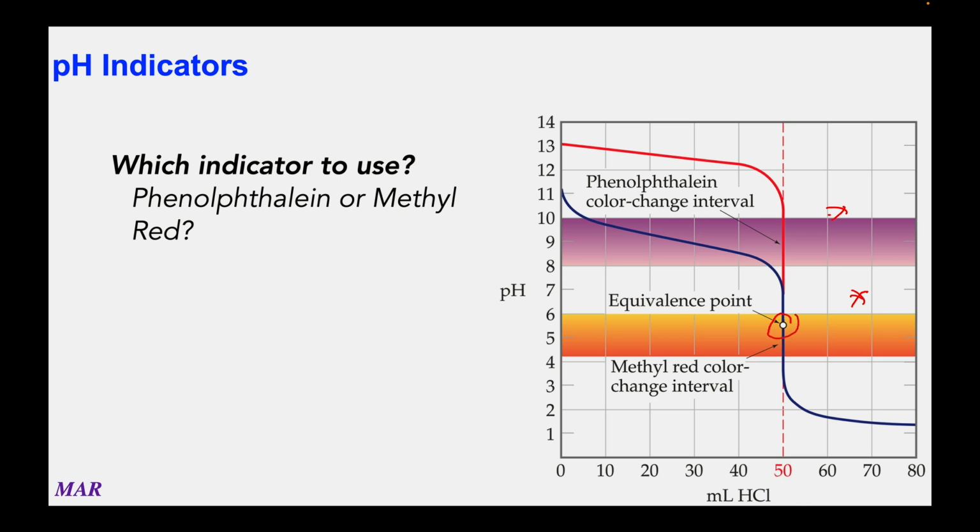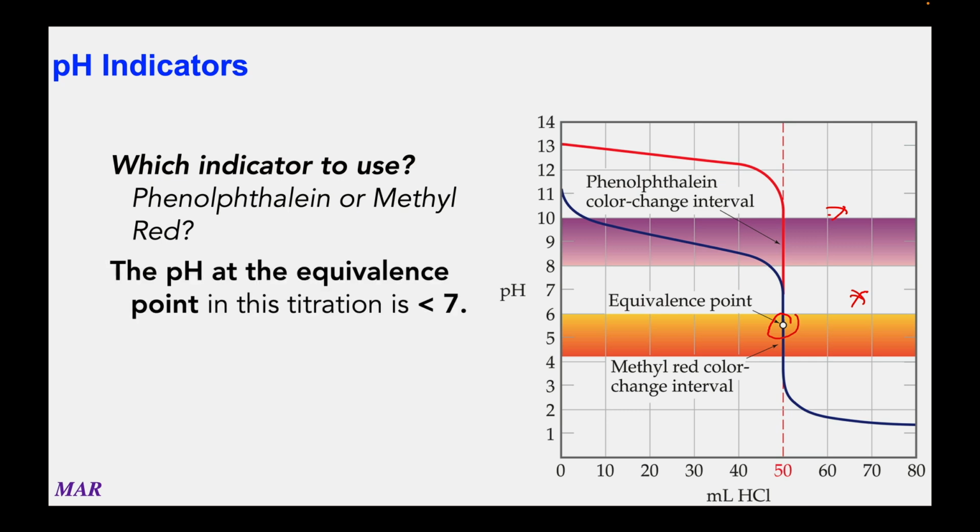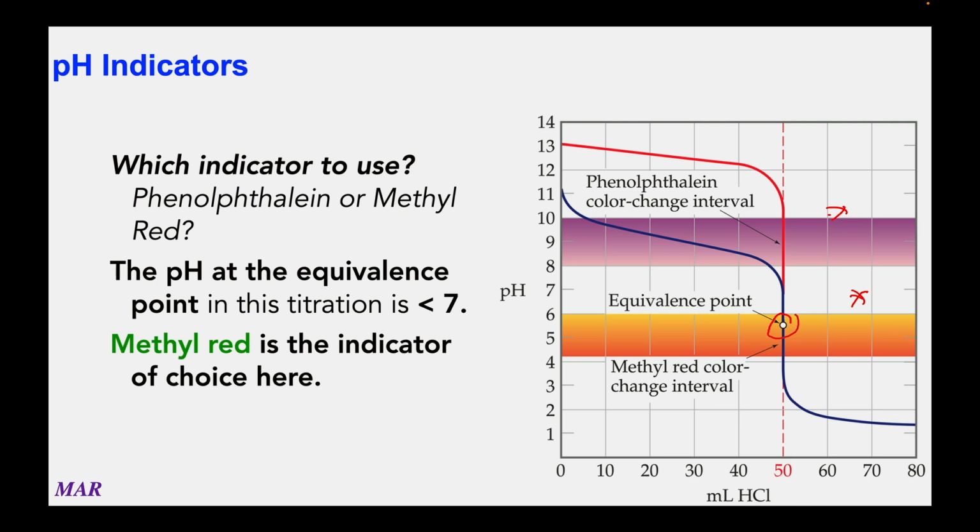And notice how that's right where the methyl red begins to turn kind of a yellow into more of a red color. So in this example, I would absolutely say that because the equivalence point is at a pH less than 7, you want the color change to occur less than 7 as well. So methyl red would be a much better choice here.